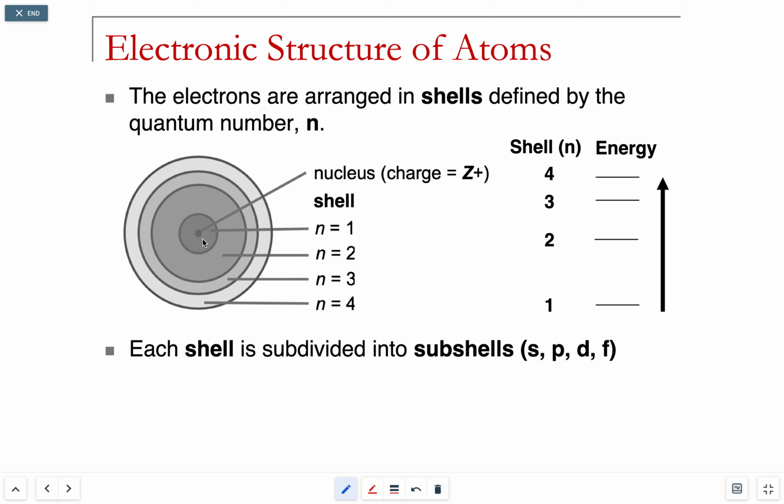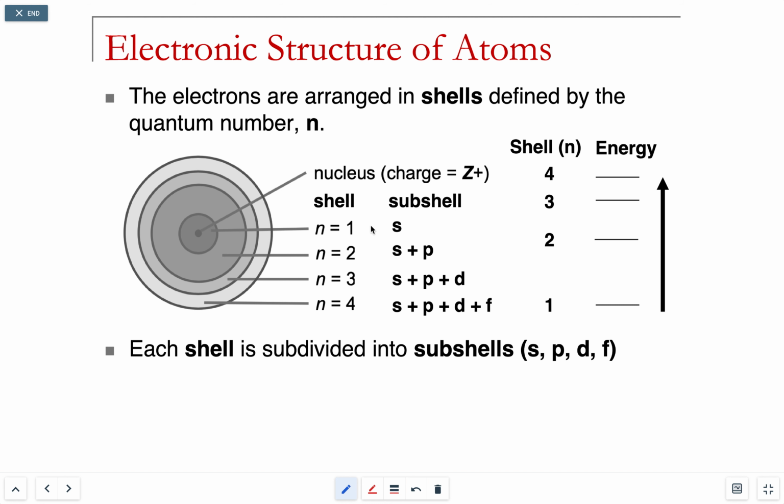Now, within each shell, the shells are subdivided into subshells, and these are given by the labels S, P, D, and F. These will describe the shapes that the electrons can take within these shells. We'll describe the shapes here in a little bit.